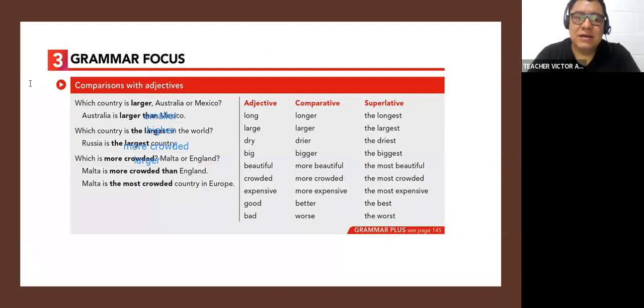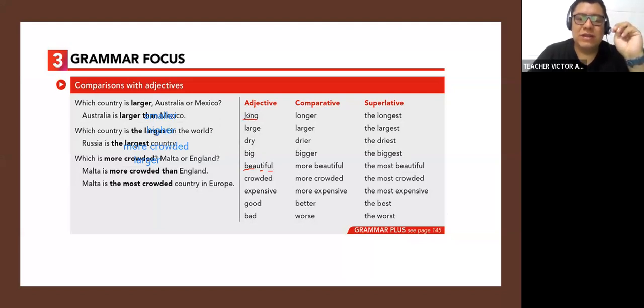This is something that I want to clarify. Long is only one syllable sound. Beautiful, we hear 3 here, right?